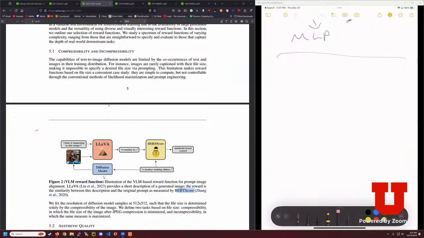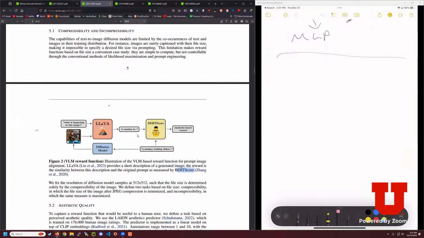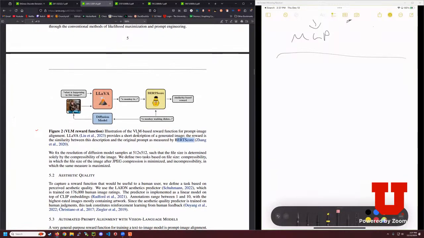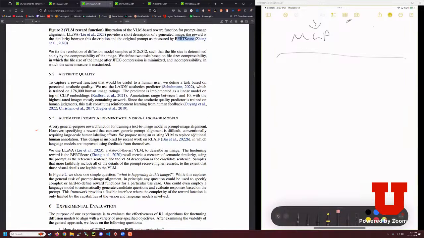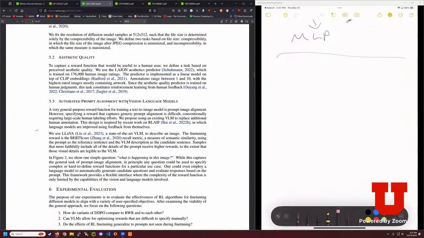Ah, okay. But we'll get human feedback. Will the human just give the description and then through the BERT score get the reward, or will the human just give the whole score? I believe the humans just give the full score. Oh, okay. That means the human gives the reward.